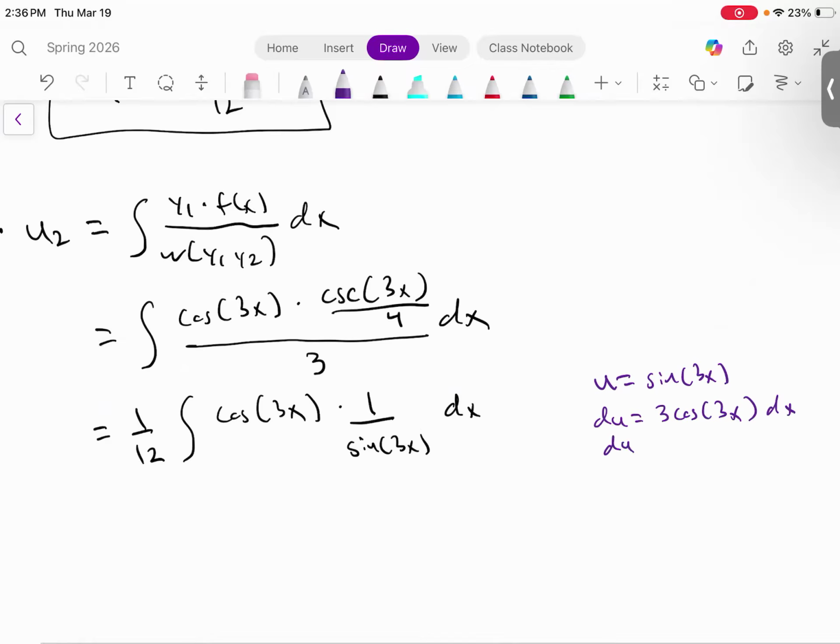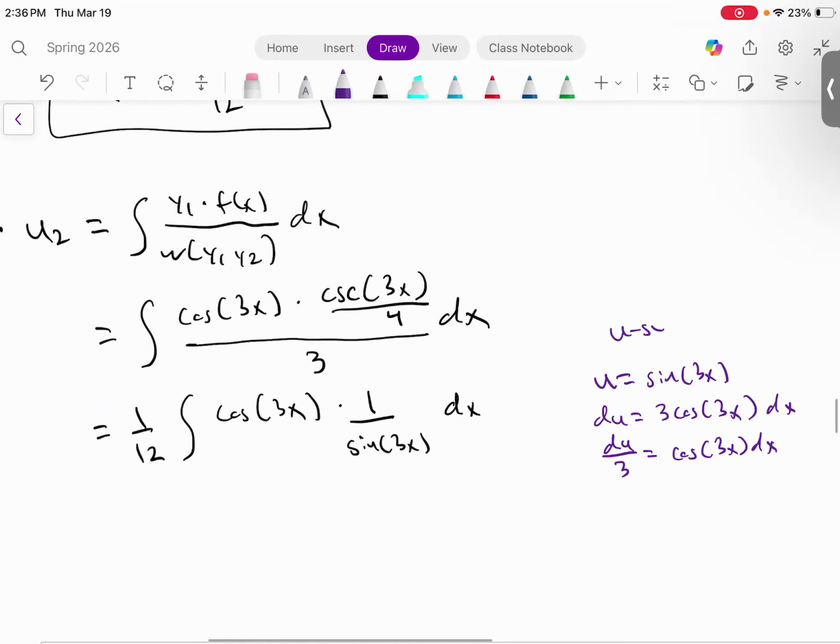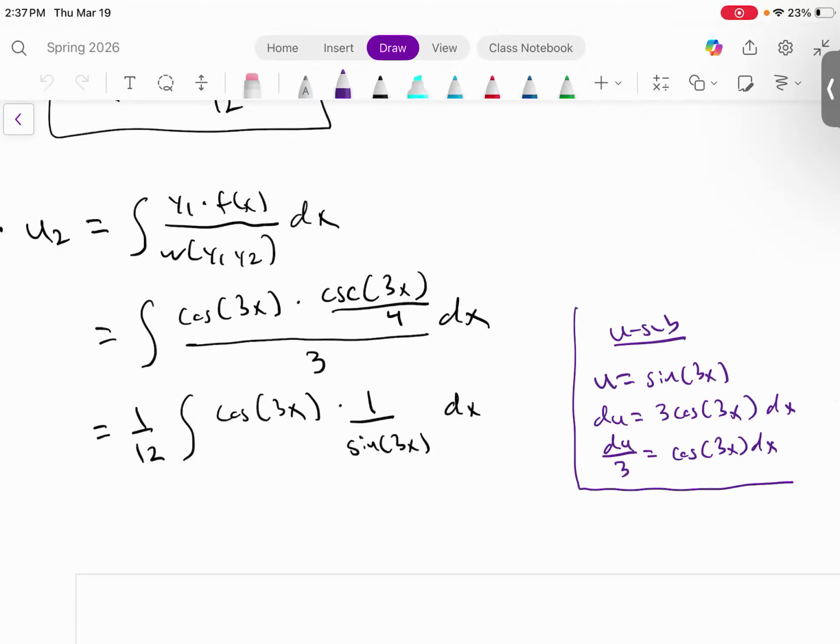And so I'm just going to move over that 3 and have cosine of 3x dx equals du over 3. So here I'll say u sub. Okay, so what we want to do is substitute correctly and solve for u2.